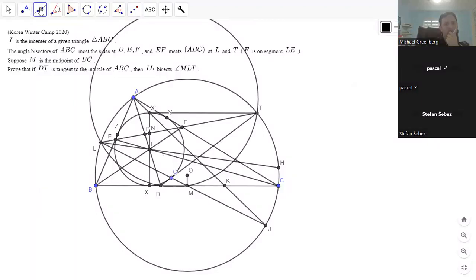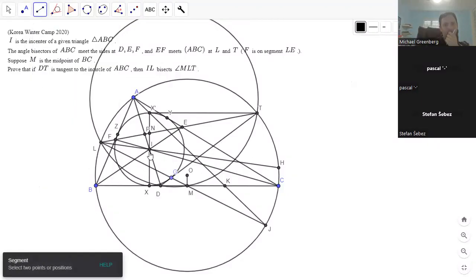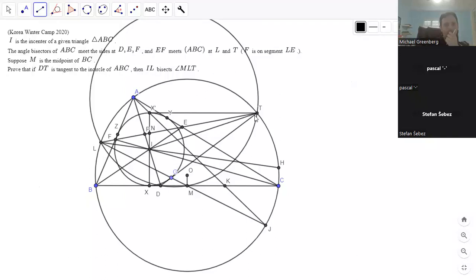Okay. So let me draw IT. So you're saying this angle equals this angle. Yes. So 0.01 difference, I think that is true.